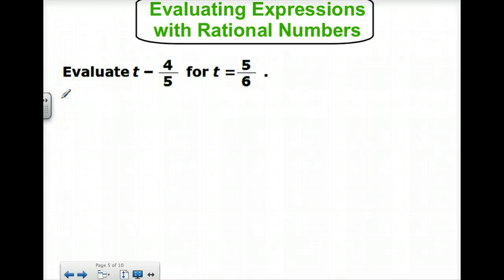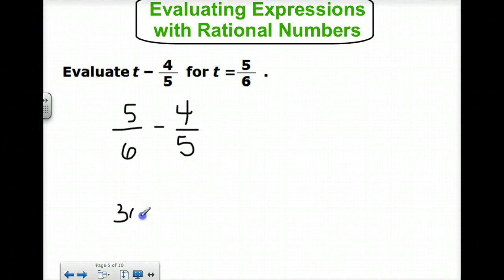Let's evaluate. I have t minus 4/5, and t is 5/6. So substitute. Common denominator for 6 and 5, 30.